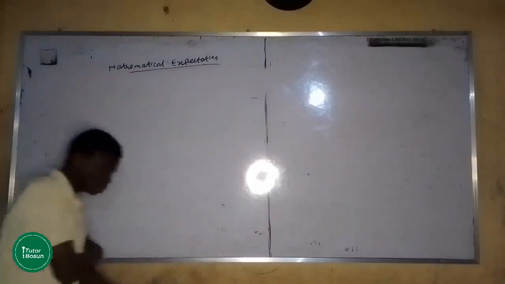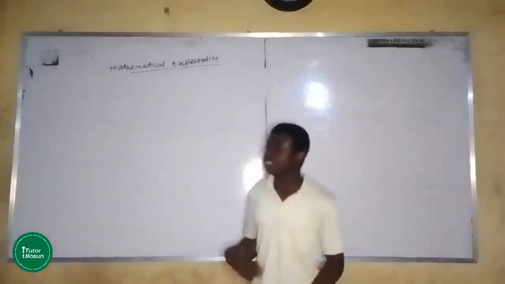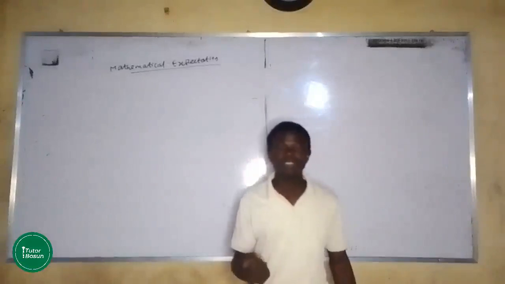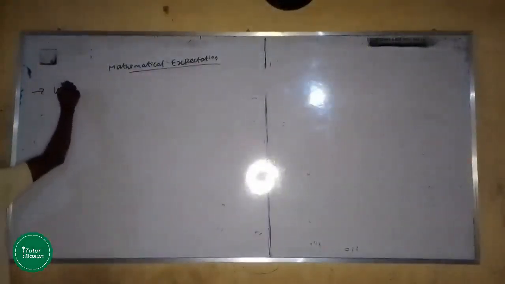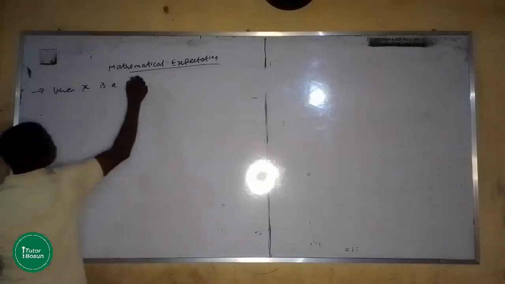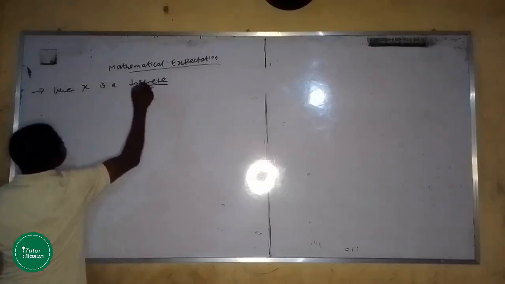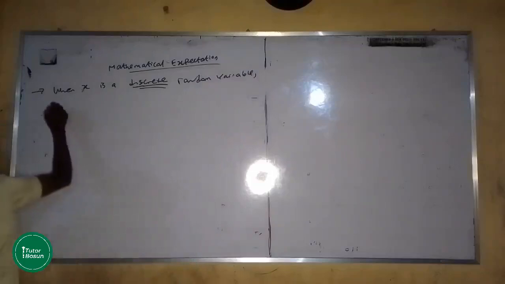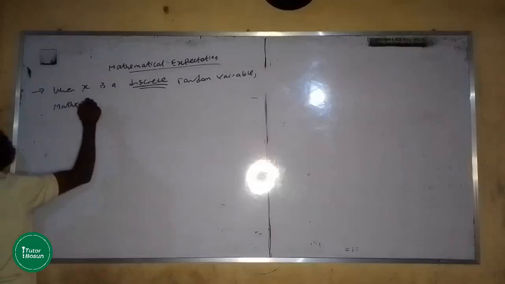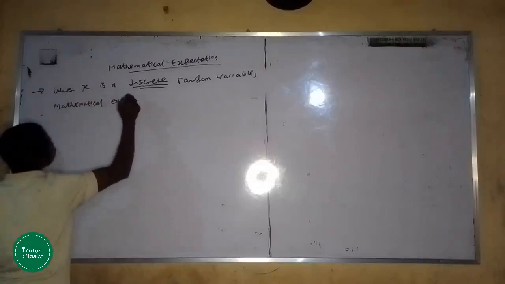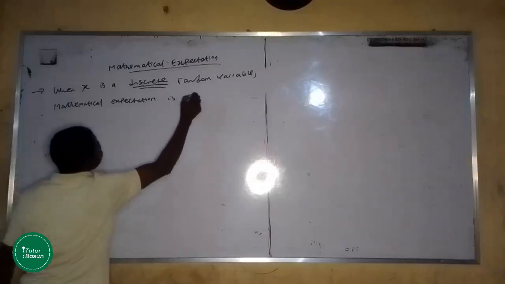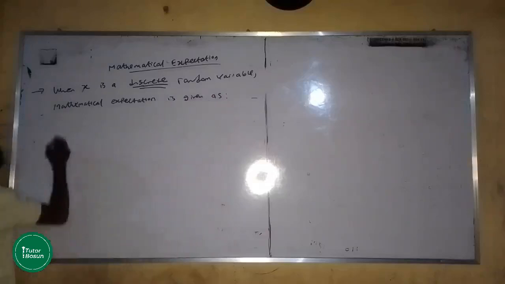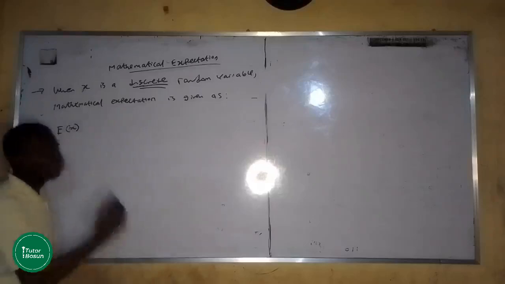So if x is a discrete random variable, the mathematical expectation when x is a discrete random variable is given as E of x, that is the mathematical expectation. The expected value of x is given as what?